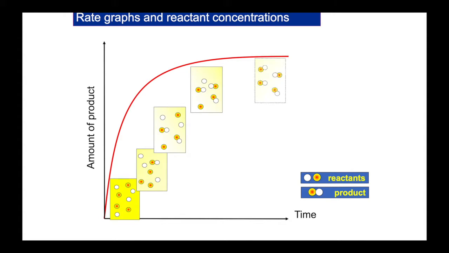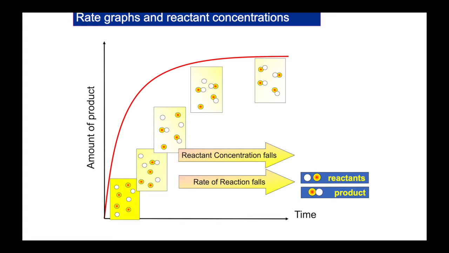We can also use our graphs to get our rate of reaction. As you'll notice, our amount of product is on our y-axis and our time is on our x-axis. So we can calculate our rate of reaction by using the gradient of the graph. And what you'll notice is that the gradient, the steepness of that line, decreases as the reaction progresses.